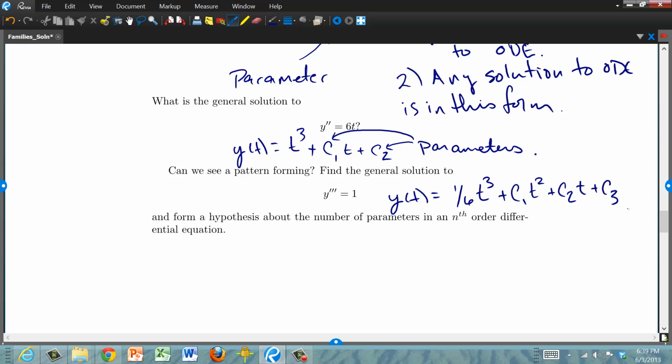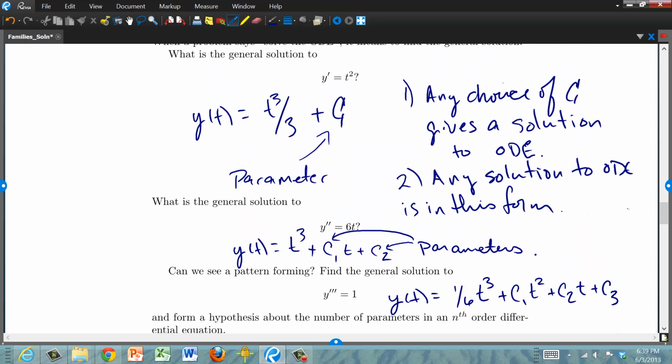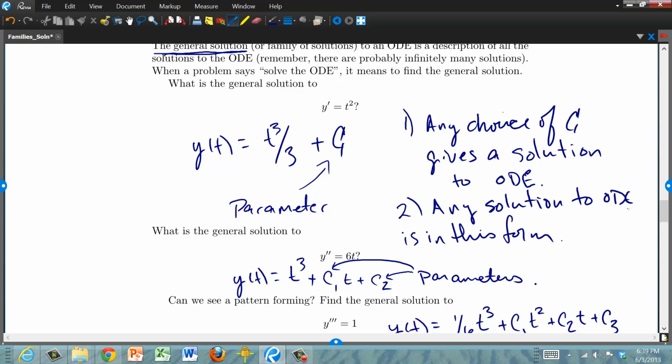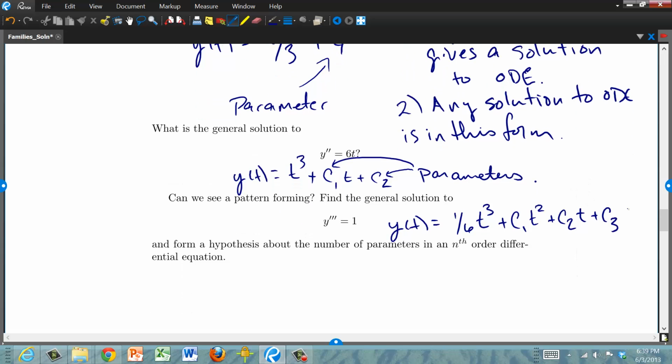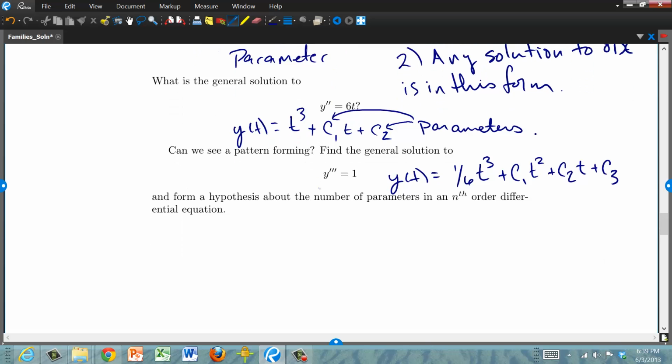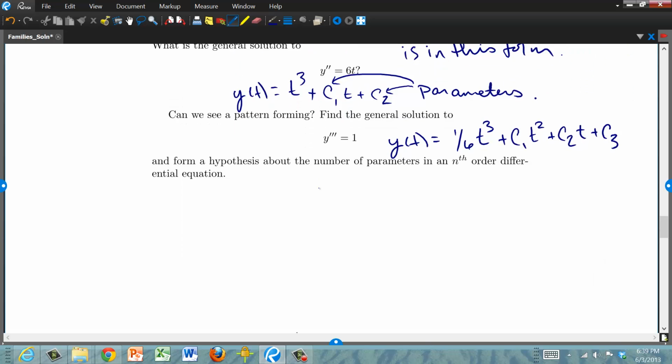Okay, so let's look back a second. The general solution to y prime equals t squared had one parameter in it. The general solution to y double prime equals 6t had two parameters, and the general solution to y triple prime equals 1 had three parameters.